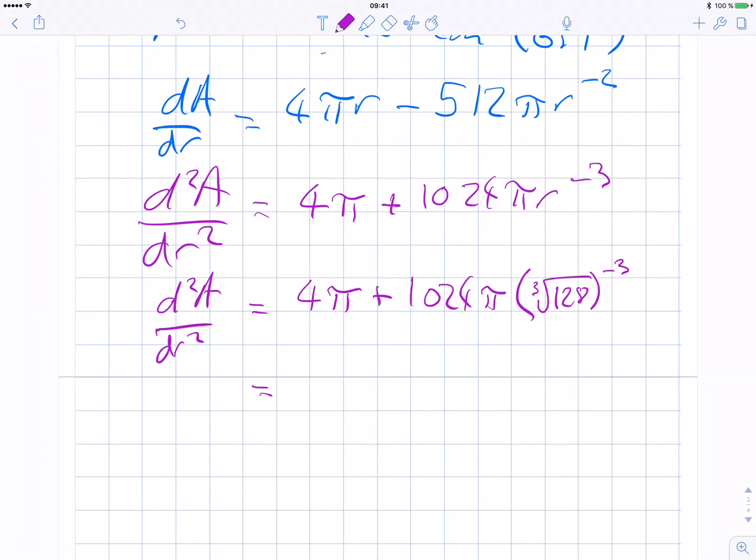It's going to be 4 pi plus 8 pi. So it's a minimum, which is what we want.